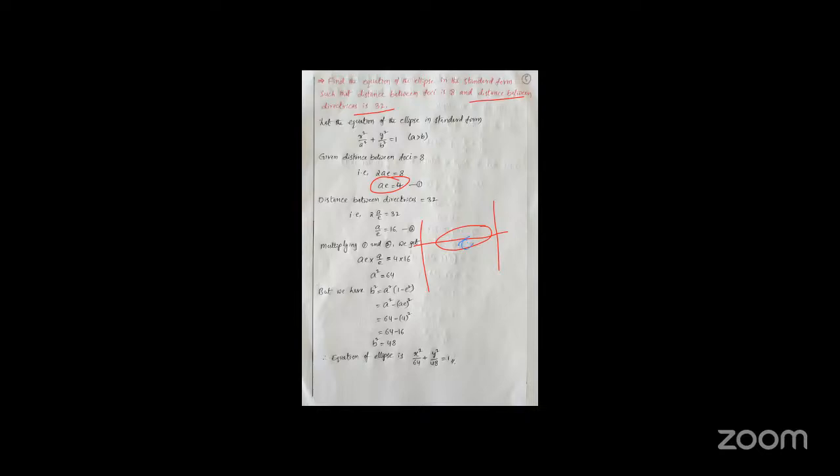So the equation of the directrix is x equal to a by e. Here also the equation of the directrix is x equal to minus a by e. So therefore the distance between directrices, from here to here. So here it is the y-axis. The distance of the directrix from the center is a by e, and this also a by e.